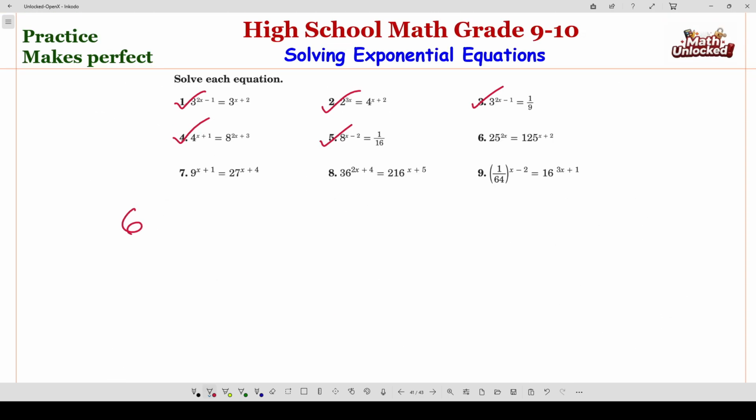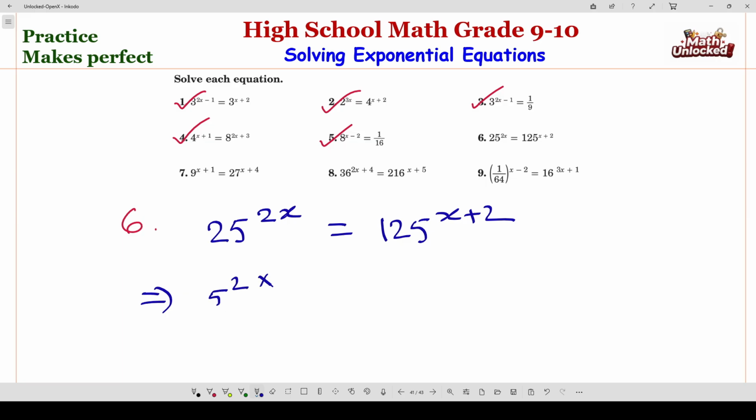Next question, number 6. 25 to the power 2x equals 125 to the power x plus 2. This 25 we can write as 5 squared, and here 2x; 125 we can write as 5 to the power 3 times x plus 2.